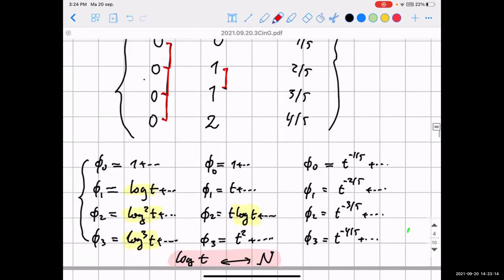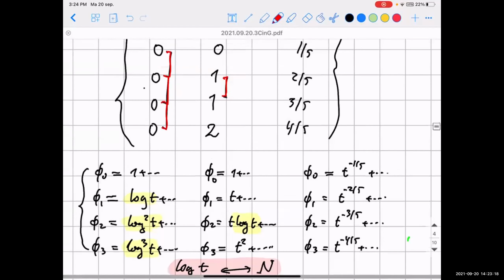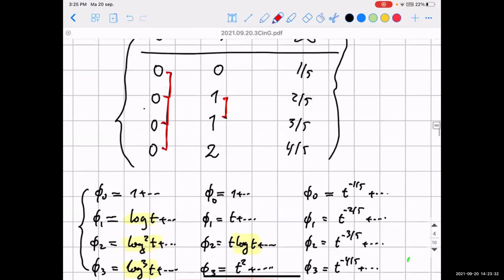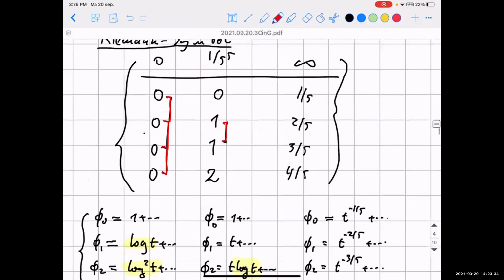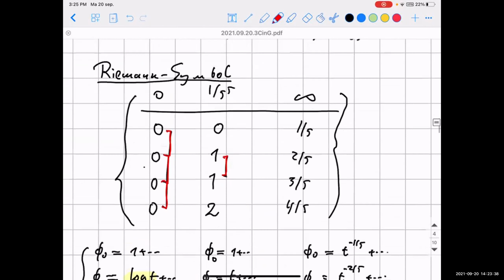So here we have constant, log, log squared, log cubed. This means N cubed, the operator N cubed, is non-zero. And here in the conifold case, we have N, but N squared is 0. At the point infinity, the monodromy is of finite order. The exponents are 1/5, 2/5, 3/5, and 4/5.